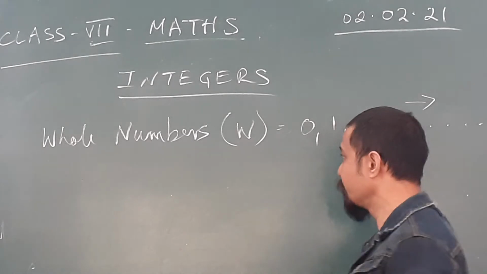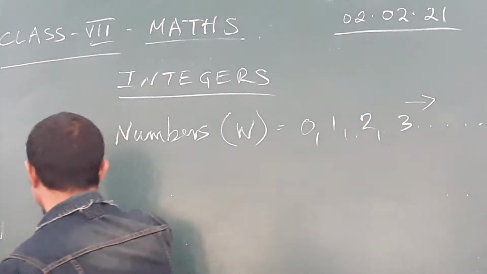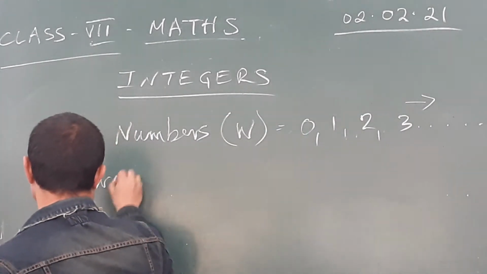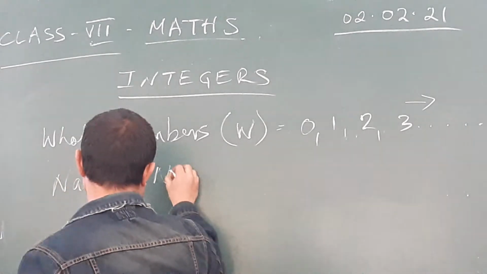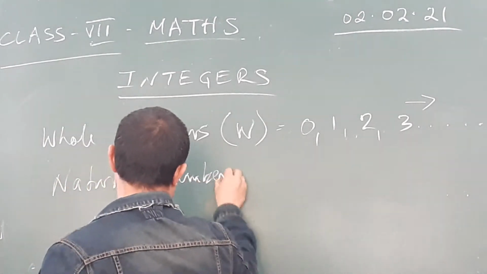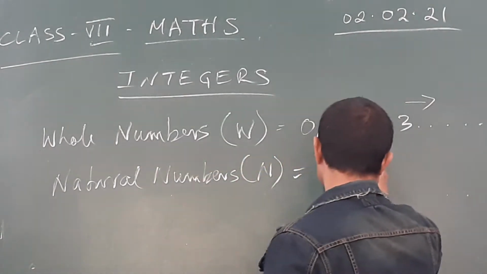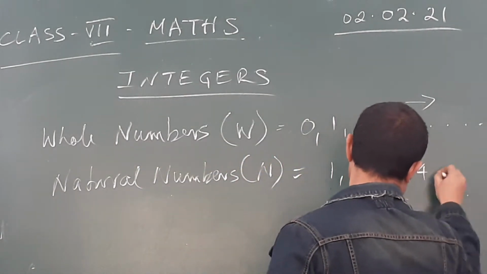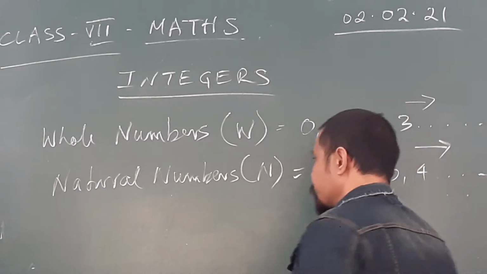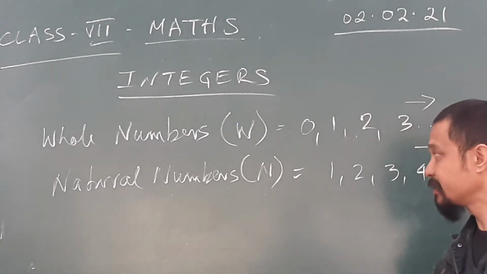Now, natural numbers. The symbol is capital N. It starts not from 0 but from 1: 1, 2, 3, 4, and it continues. Right? So this is what it's all about.